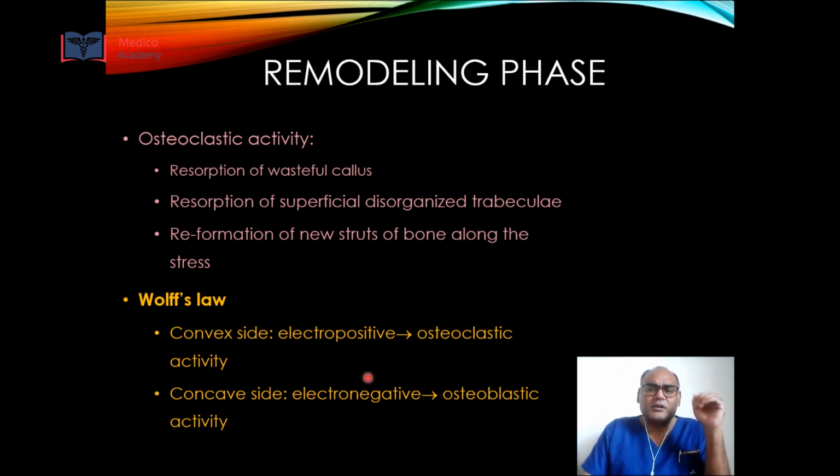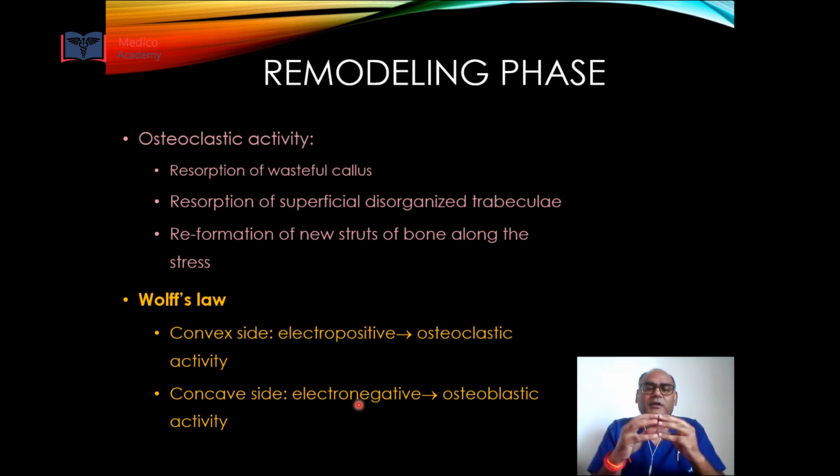All the negative things in this world are not really negative. This is my favorite phrase whenever I teach people, that the electronegative part of the bone has the osteoblastic activity. Here is where most of the bone gets deposited. Now consider two parallel lines and equal charges distributed along them. If I bend those two parallel lines, the part which has become convex will have charges distributed apart from each other.